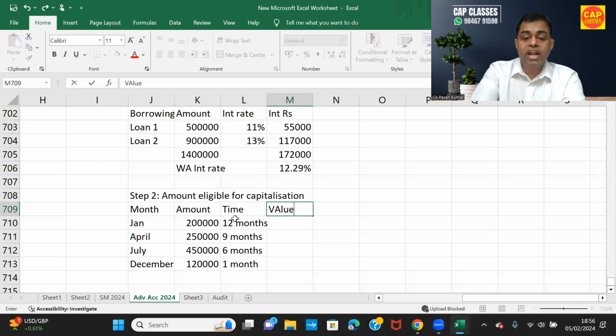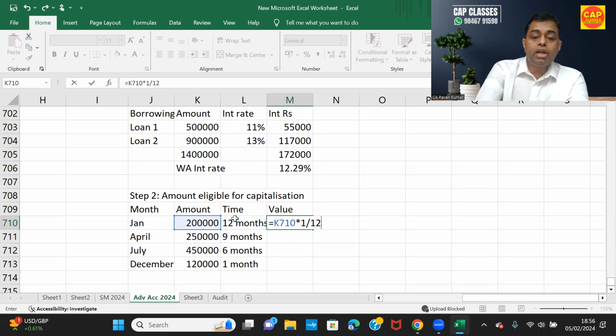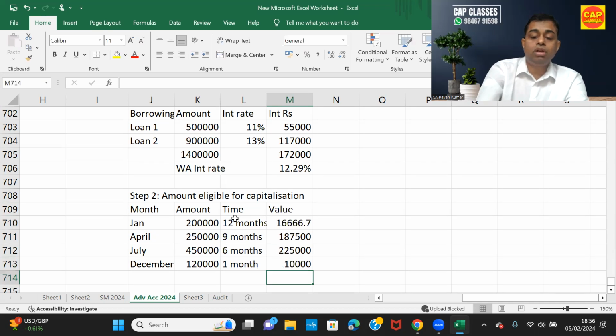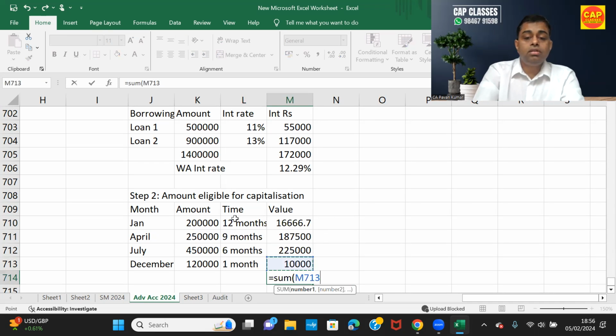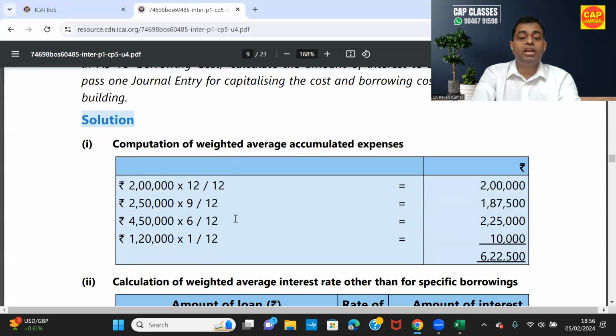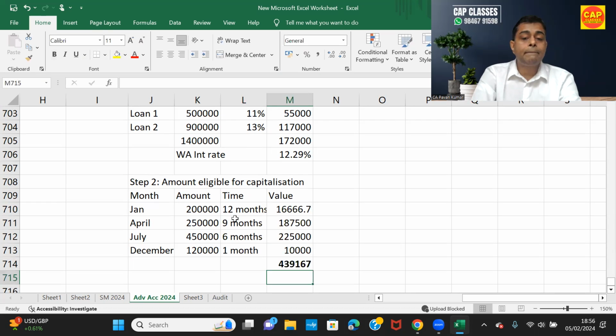So the weighted average value is equal to this into 12 by 12, this into 9 by 12, this into 6 by 12, this into 1 by 12. So the total amount is the sum of these 4. This is our qualifying asset weighted average.